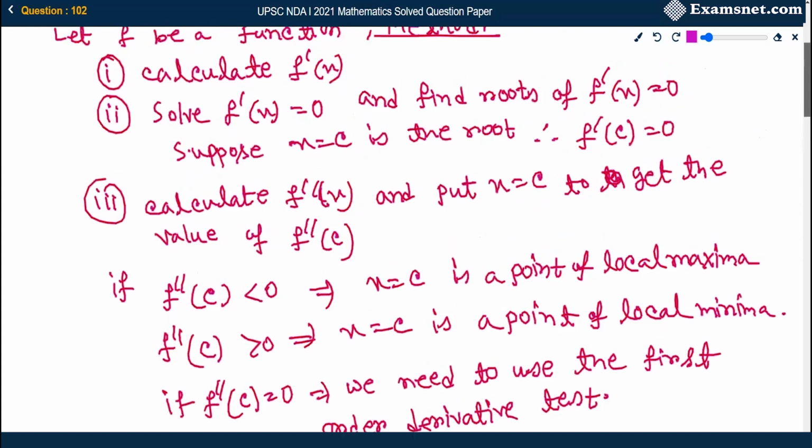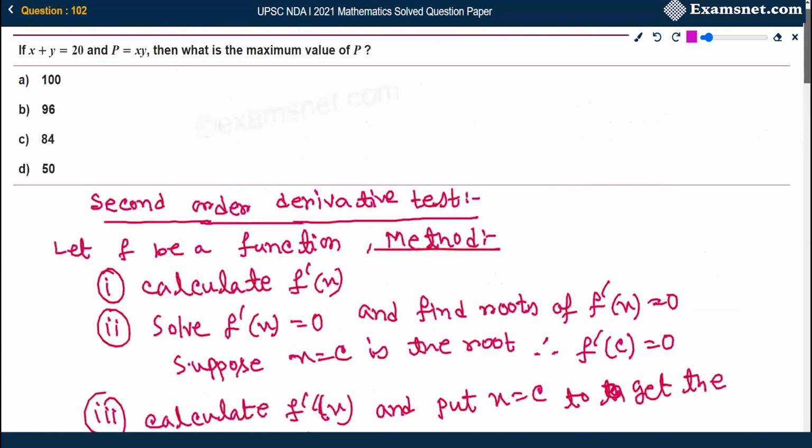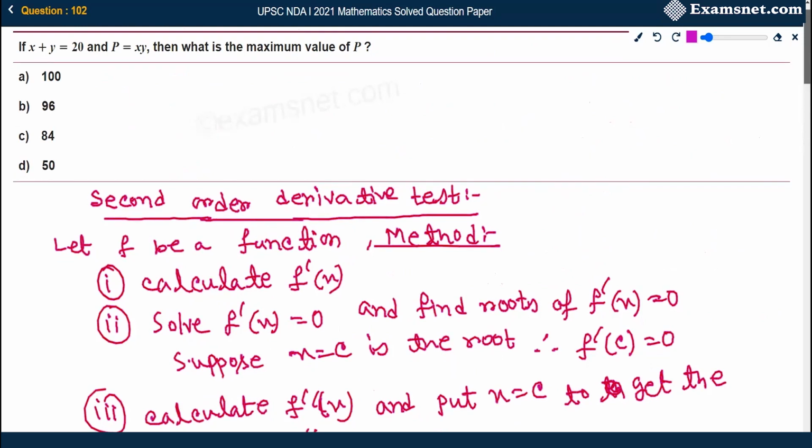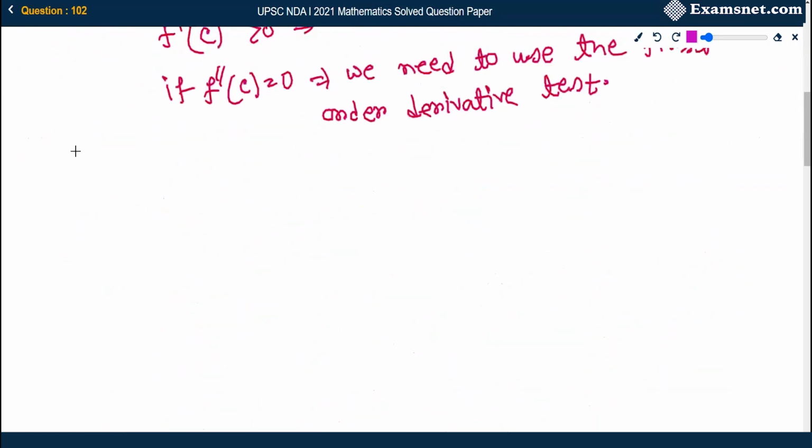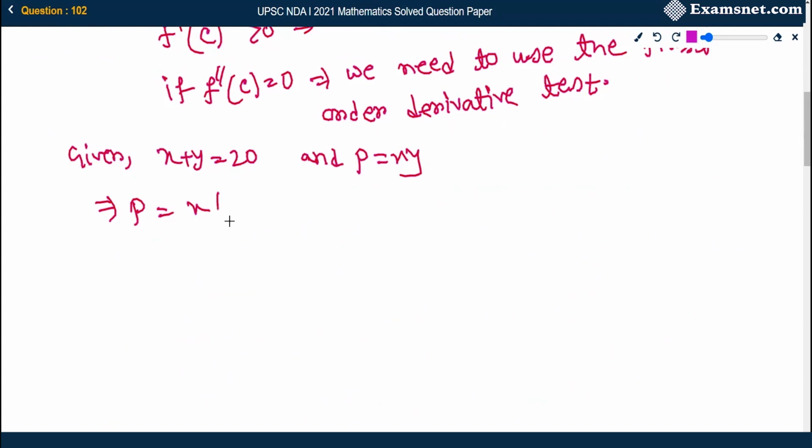So let's check. I have already discussed all the steps of the method. Now I will apply this in this question. Here x plus y equals 20 and p is the product of x and y. So p can be written as x times y; if we substitute the value of y, we get x times 20 minus x, which becomes 20x minus x square.